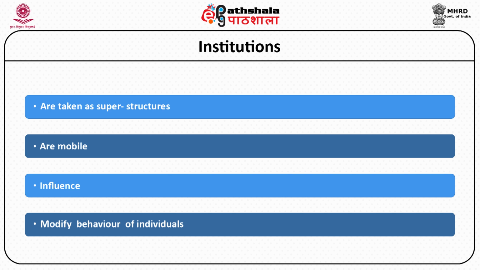They give options or choices to the people to behave in a certain way. They make rules for the people, and in the process they lead to sometimes overwhelming changes in the political system.